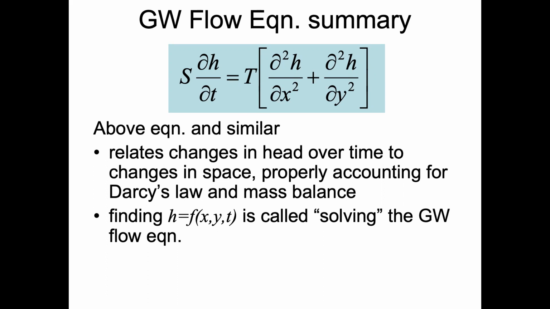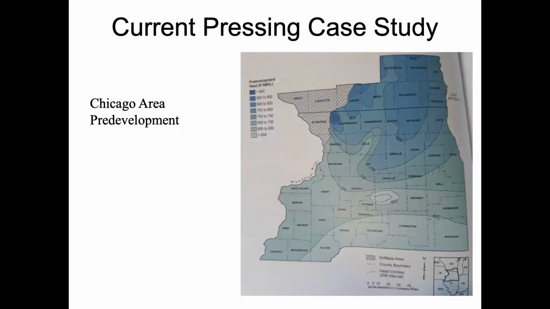Now, I want to give you a reason why we are really interested in being able to think about changes in storativity, changes in what's happening in aquifers, and how those changes are occurring over time, because it has implications for the available water we have for pumping. So here we're going to take the case study from the Chicago area.